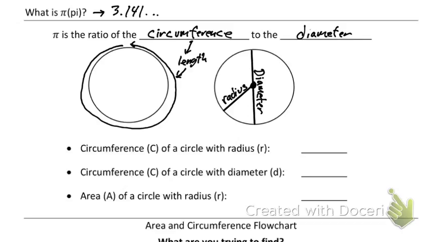All right, since pi is just the ratio of the circumference to the diameter, let's skip to our circumference with diameter. We're going to skip to that middle one. Our formula for a circumference with diameter is circumference equals pi times our diameter.